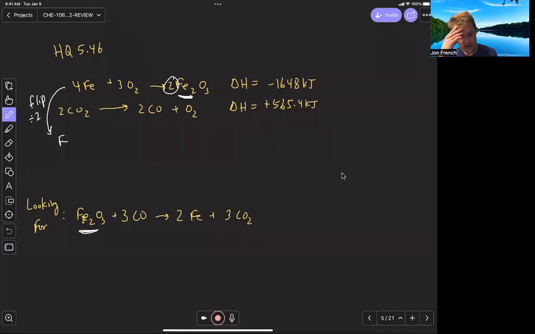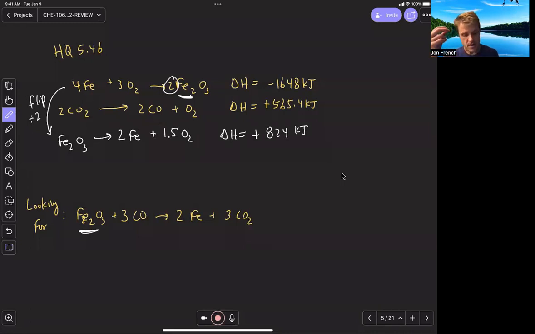So I flip that, I get iron 3 oxide yields 2 iron and 1.5 oxygen. This becomes positive, and that would be 824 kilojoules because I had to flip it. The sign becomes positive. I had to divide it by 2 because I divided the whole reaction by 2.